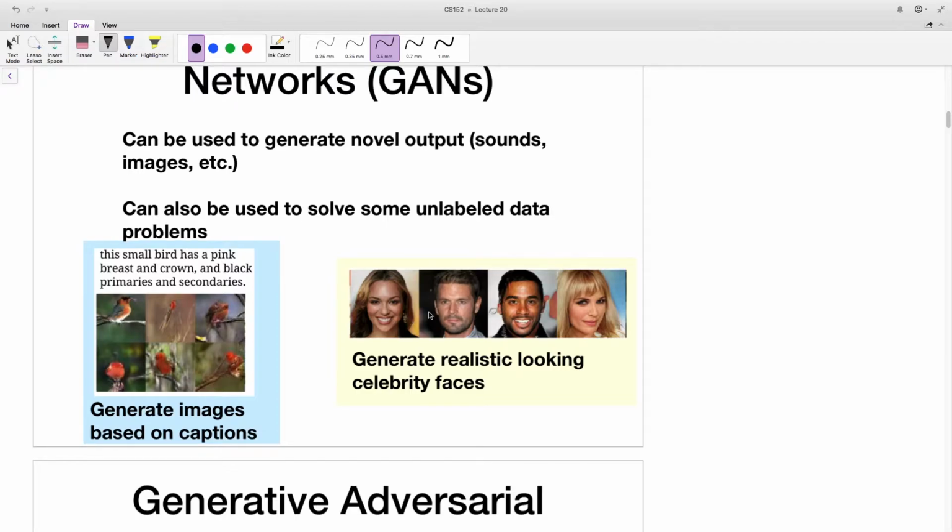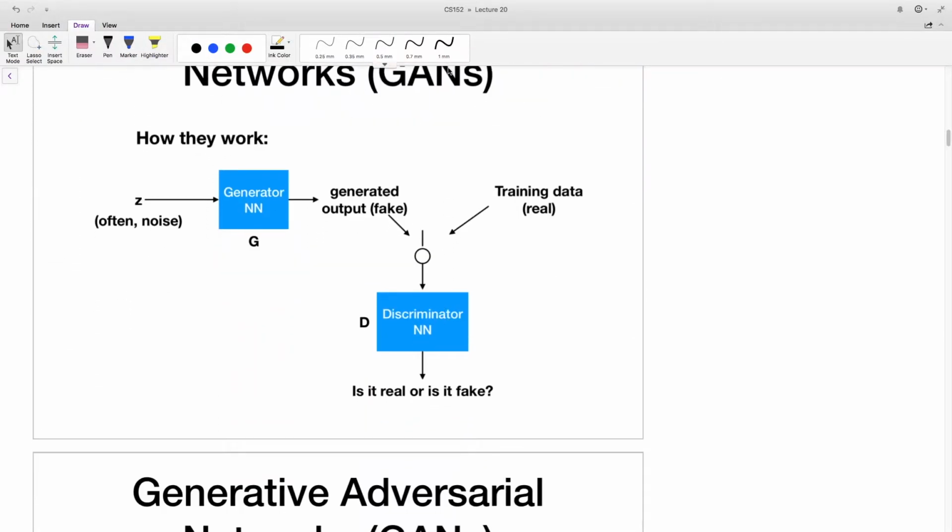So we talked about generative adversarial networks, where we basically have a generator, and it takes some sort of input that's often noise and generates some output that is a fake something.